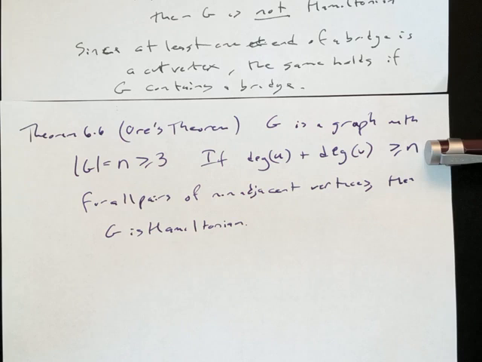Every vertex is adjacent to all the others in the graph. Yeah, complete graph, everything's adjacent to everything else, right? Which means at the very worst, I have a cycle all the way around all of the vertices, because everything's connected. So I could go from 1 to 2 to 3 to 4 to 5 to 6 to 7 to 8 to 9. No matter what order they're physically in, everything's connected to everything else.